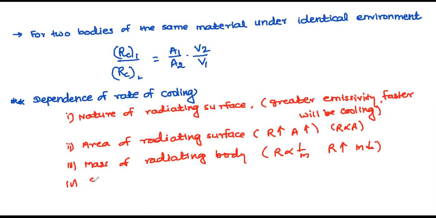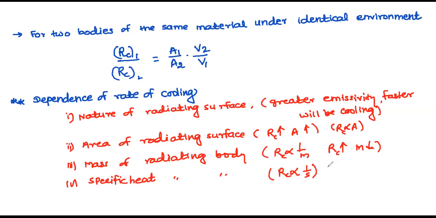Specific heat of radiating body. Rate of cooling, RC, is inversely proportional to specific heat.